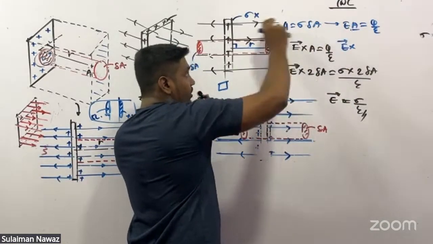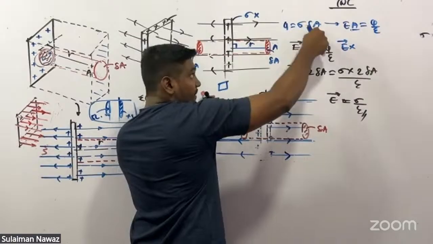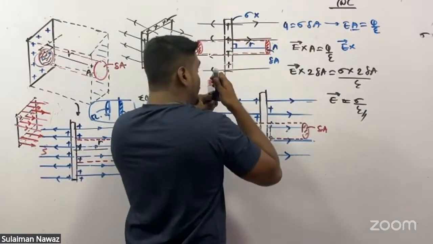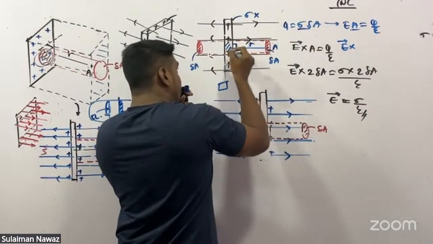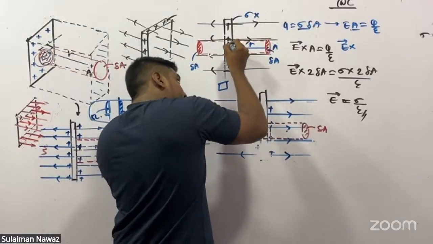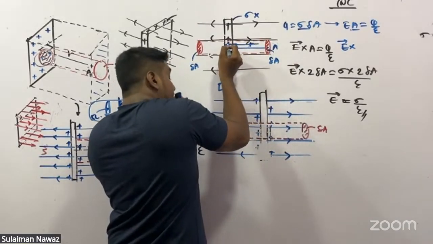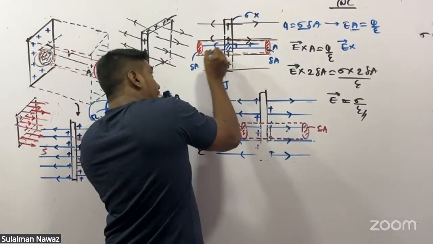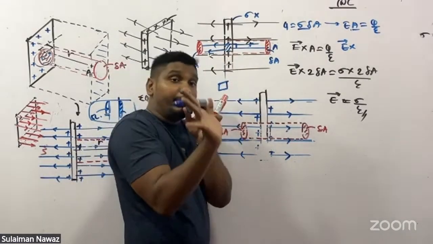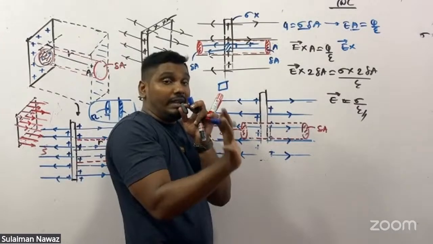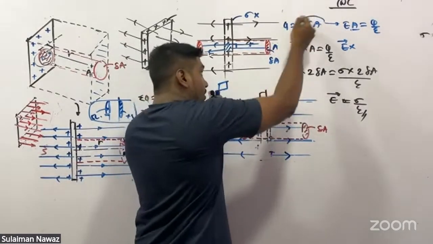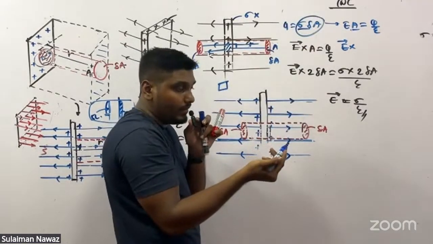Because of this much charge, electric field lines are propagating not only on the right side, but also on the left side. In that case, you want to find the total area perpendicular to all the electric field lines propagated due to this much charge. Do you understand?